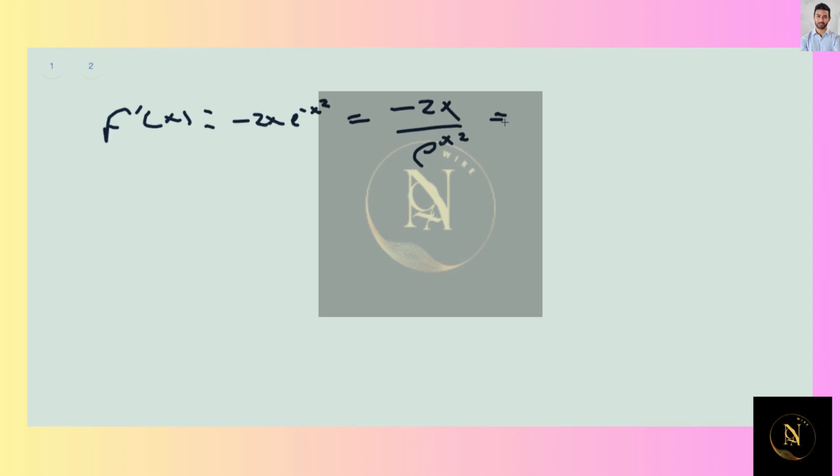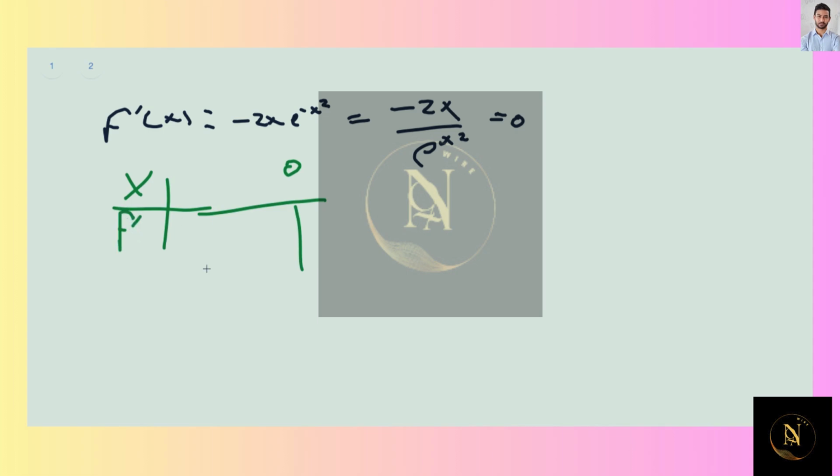Then you set this equal to 0. The denominator cannot equal 0, so that's not one of the critical numbers. Negative 2x equals 0 when x is equal to 0. So we have a sign chart evaluation here. We put x at 0 and look at the sign of f prime.